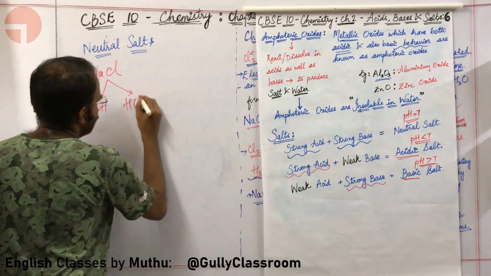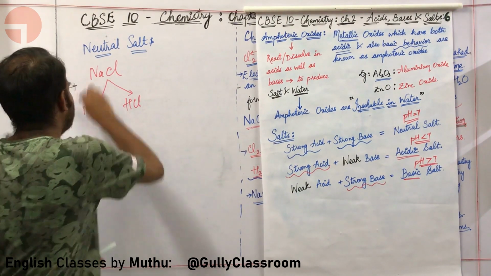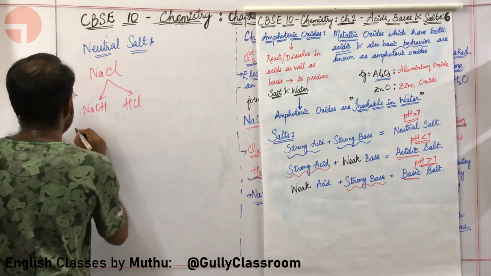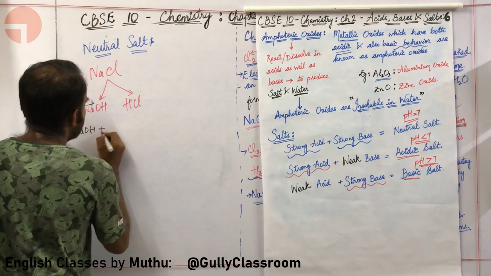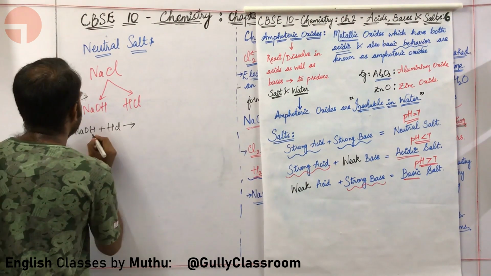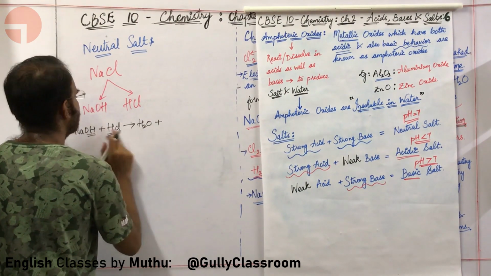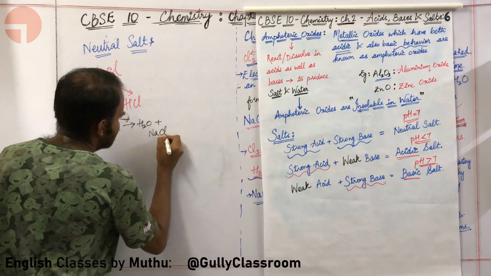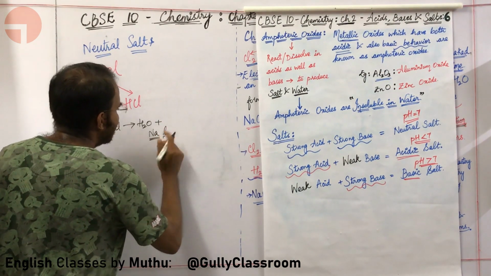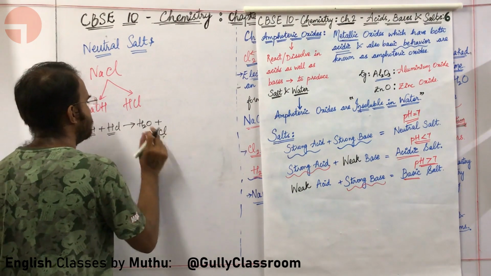We get this Cl from hydrochloric acid. Let us try this idea in reverse. Sodium hydroxide and hydrochloric acid combine with one another to form water, H2O, and what is left? NaCl. So NaCl or sodium chloride is a good example of a neutral salt whose pH will be 7.